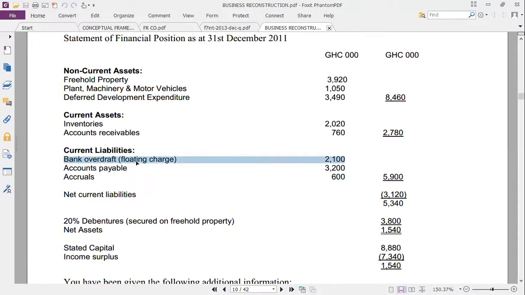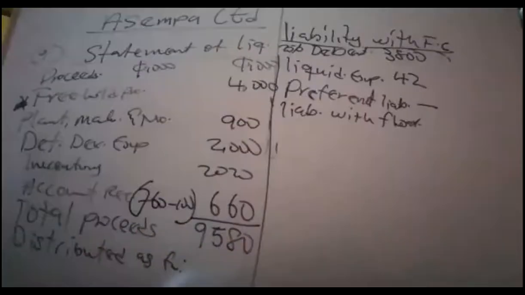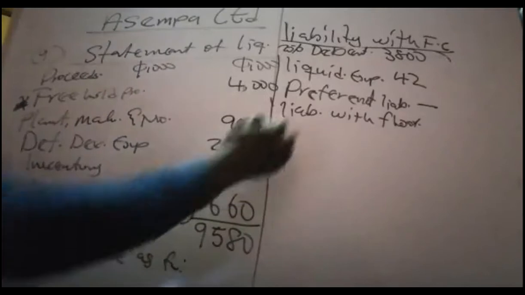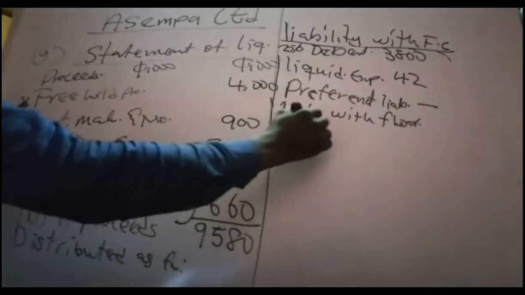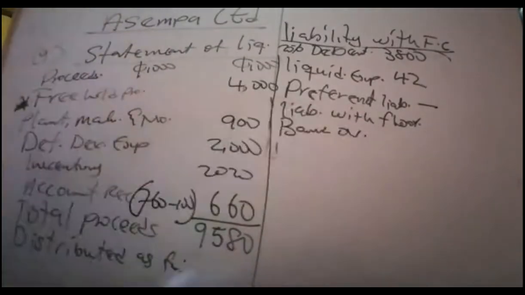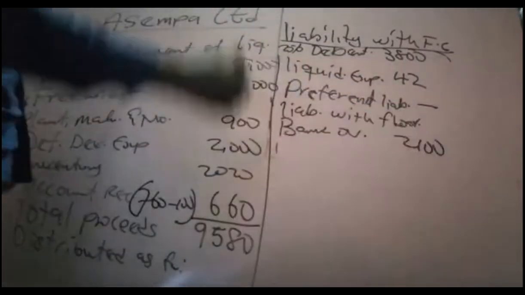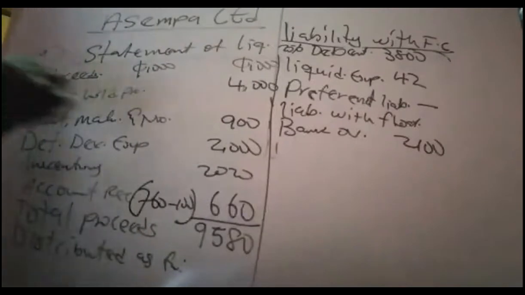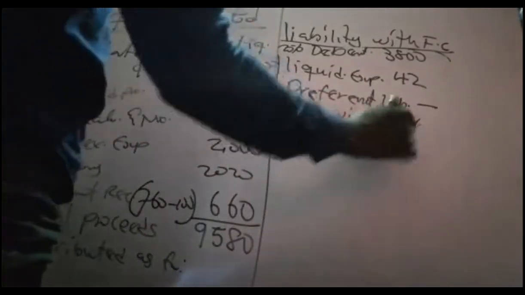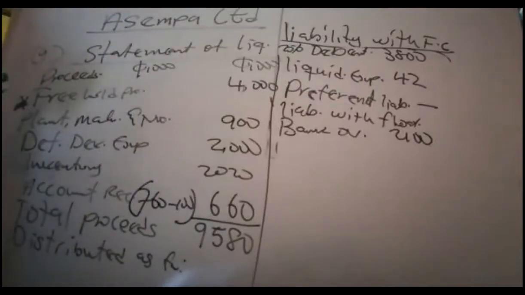See there, bank overdraft, 2,100. So bank overdraft. The figure is 2,100. So I'll put it there.